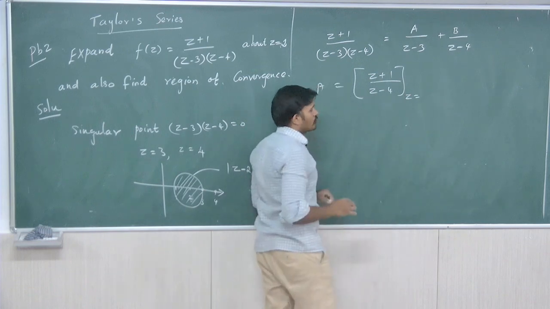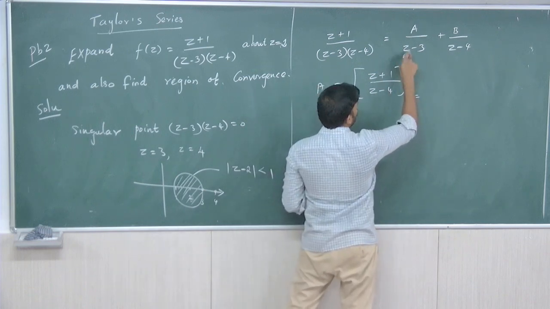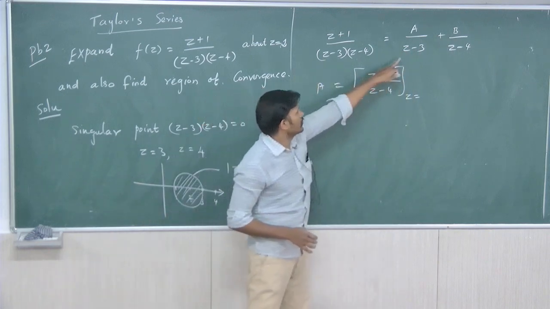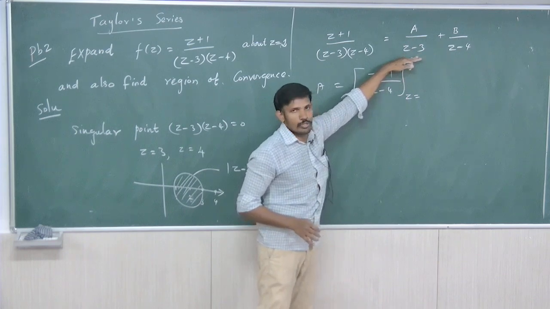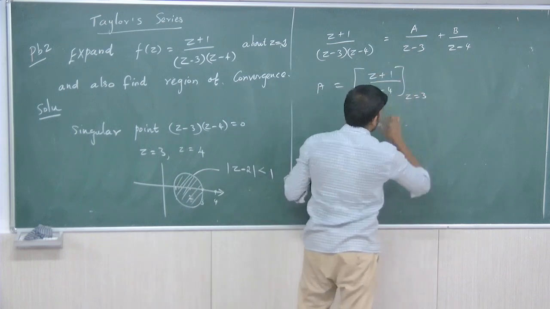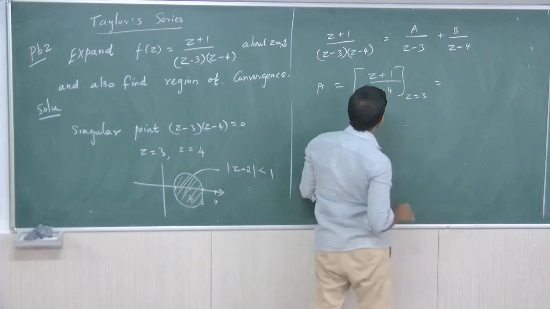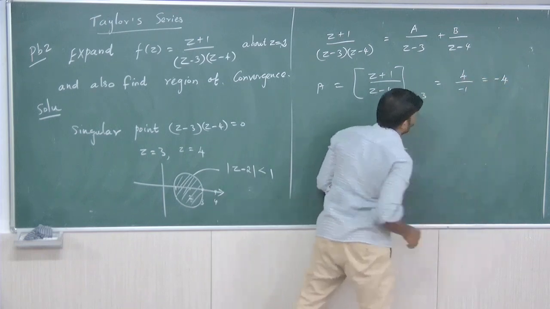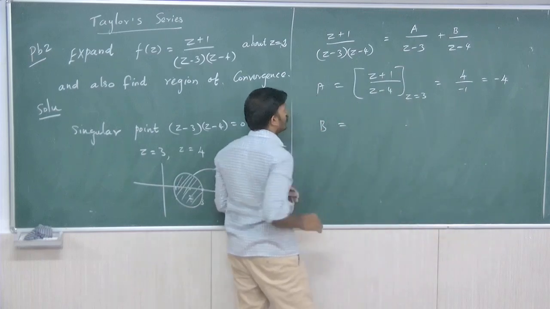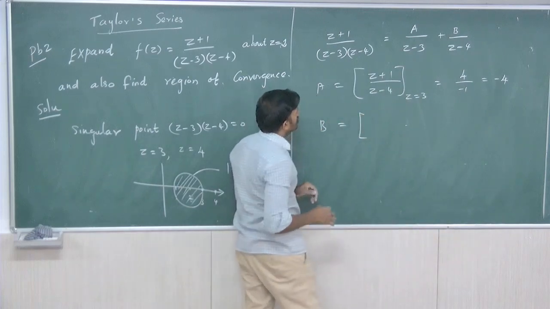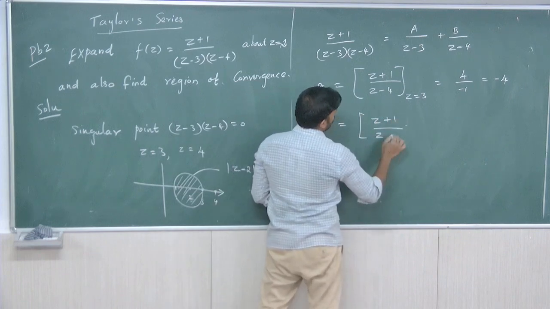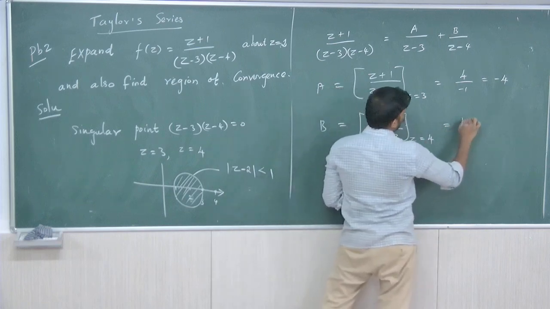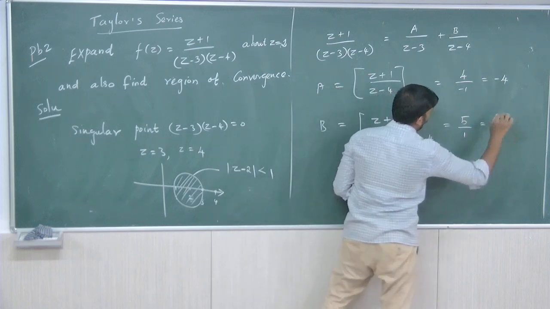After that you have to substitute z equal to 3, you may get this factor is going to be 0. So that thing I am going to substitute here. If you substitute, you may get 4 by minus 1 minus 4. Similarly, try to find out B also. B is nothing but (z plus 1)(z minus 3) at z equal to 4. So 5 by 1 equal to 5.